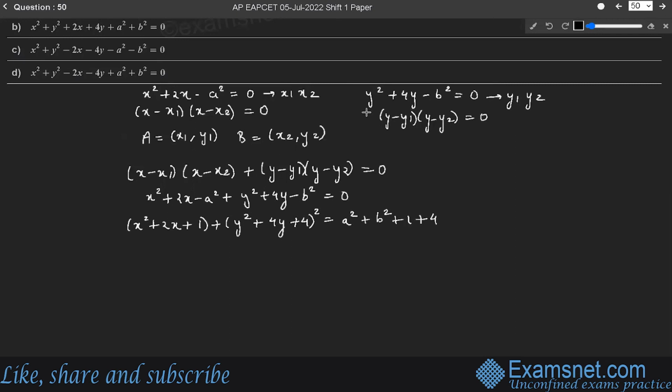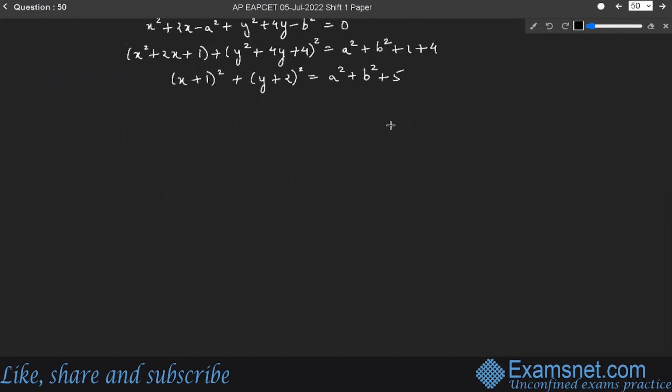On further solving, it can be (x plus 1) whole square plus (y plus 2) whole square is equal to a square plus b square plus 5. Now, on applying the formula of (a plus b) whole square, it becomes x square plus 1 plus 2x plus y square plus 4 plus 4y is equal to a square plus b square plus 5.